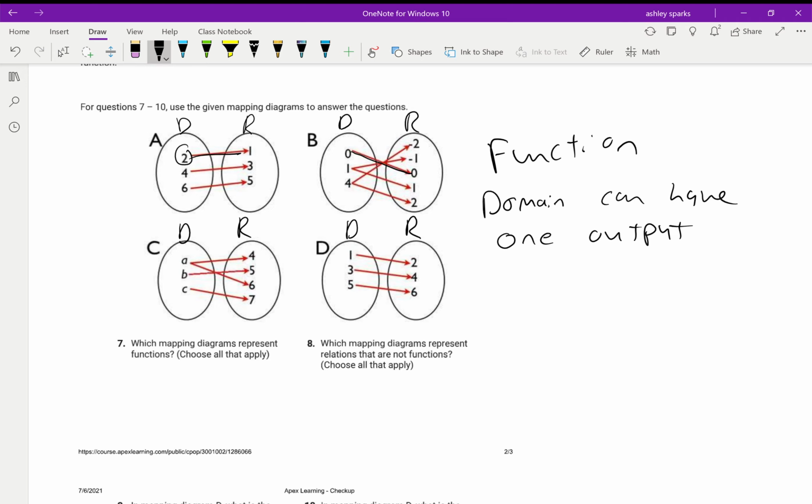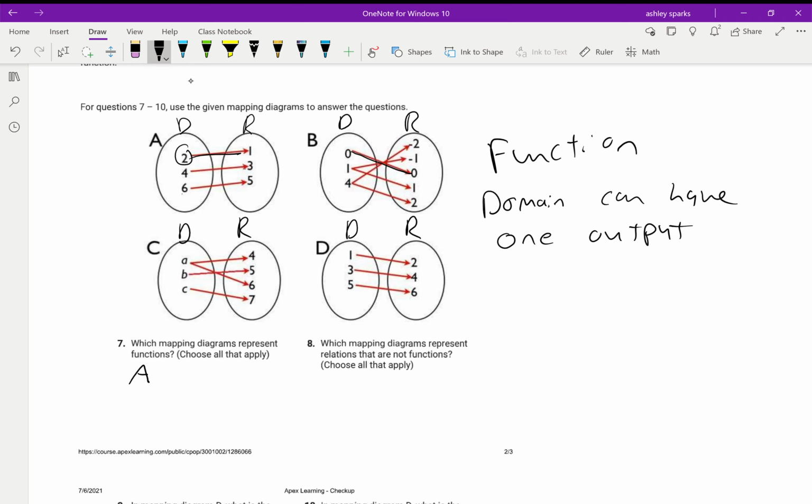What does that mean? See how for A, the 2 goes to 1, the 4 goes to 3, the 6 goes to 5. That means every one of my domain values only has one output. So A would be a function.